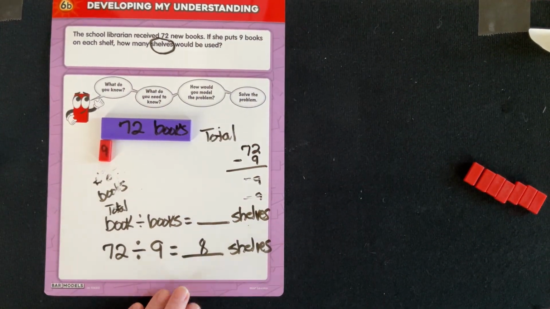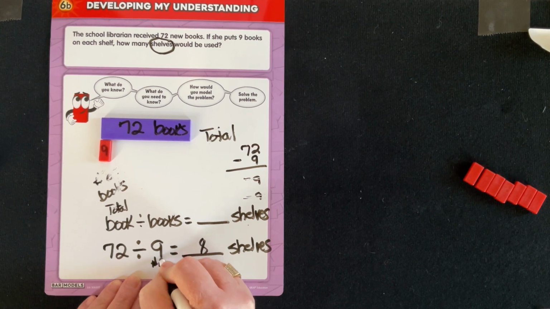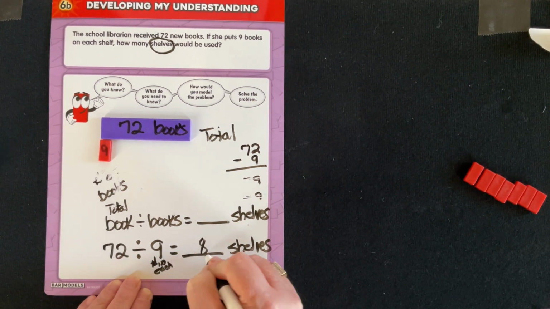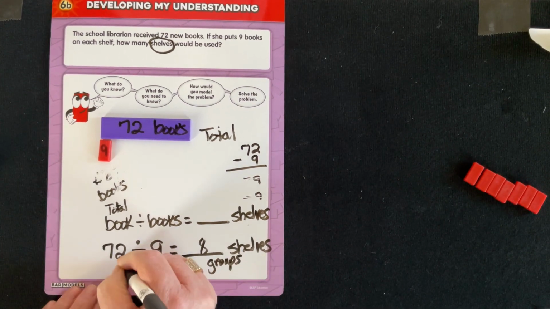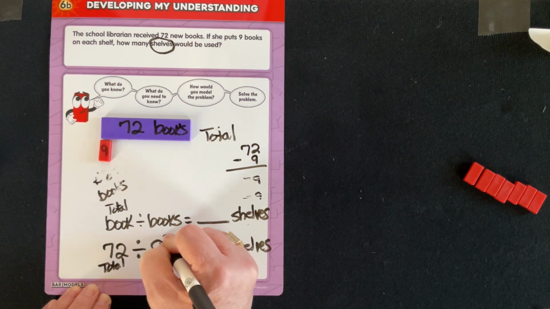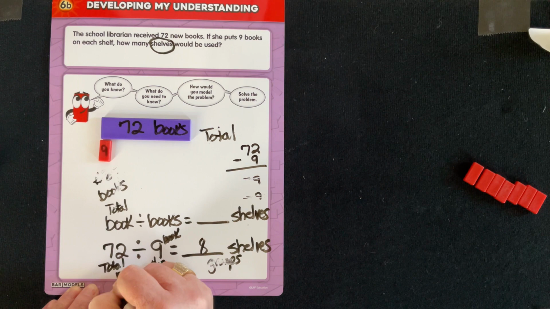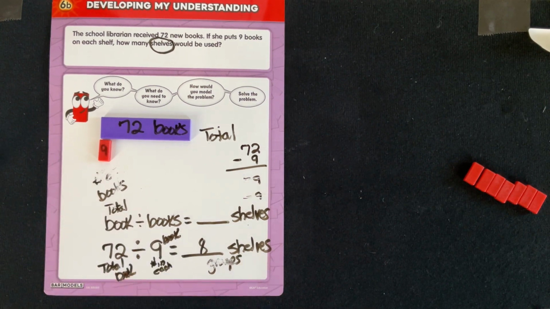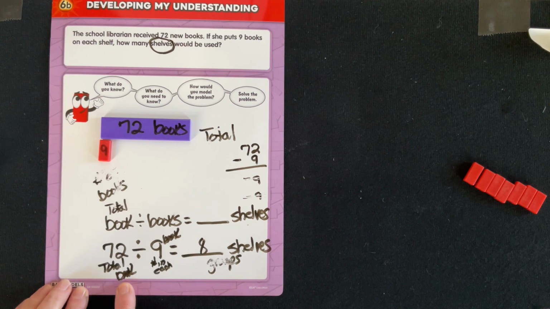Well, you're going to have 8 groups of 9, because remember, this was the number in each group. So this becomes your groups, and this becomes your total, which is still the same label as the number in each group. See the connection back to multiplication? Groups times the number in the group equals the total, which is the same label as the number in the group.